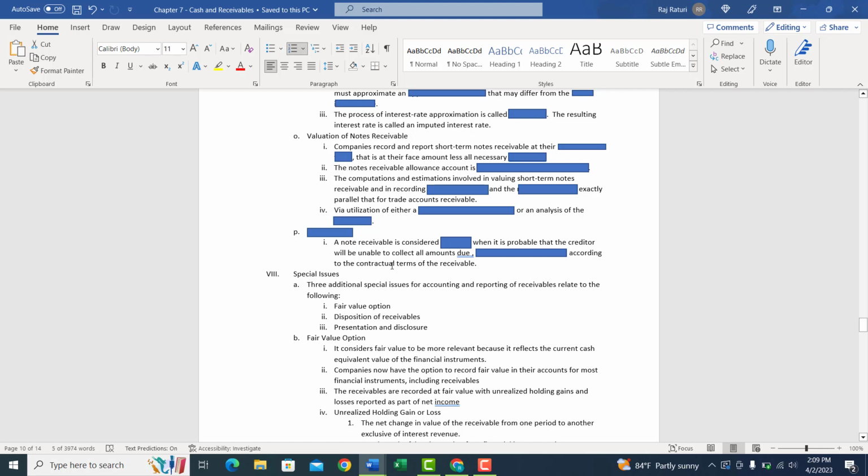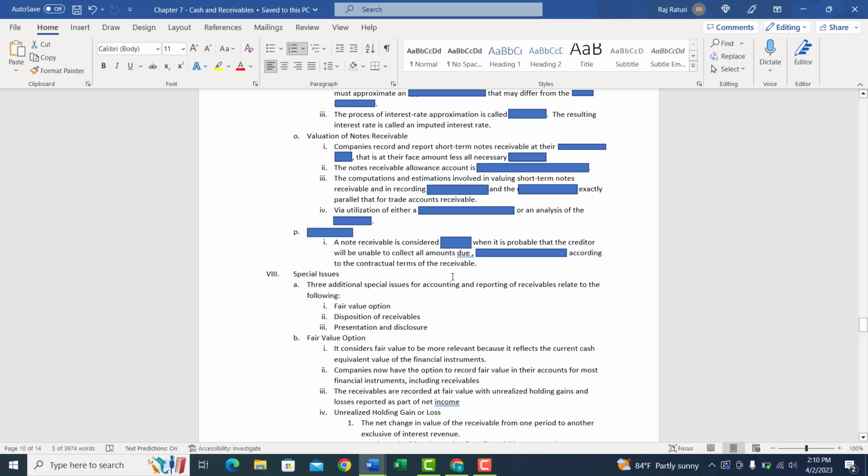Okay, impairment. A note receivable is considered impaired when it is probable that the creditor will be unable to collect all amounts due, that is, principal and interest, according to the contractual terms of the receivable.